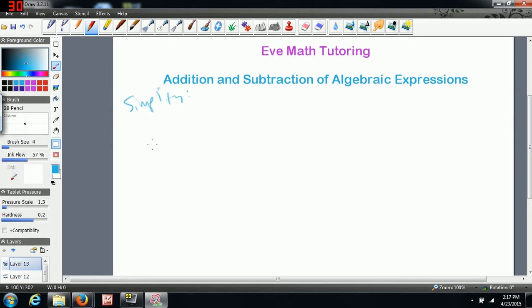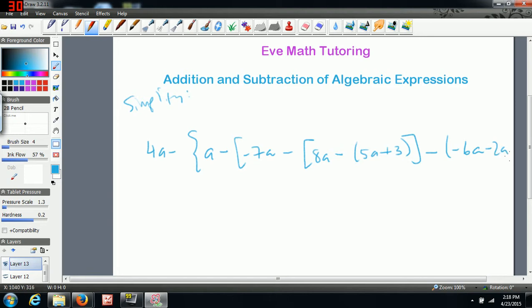Simplify 4a minus negative 7a minus 8a minus 5a plus 3, close bracket, minus negative 6a minus 2a minus 9, and then we're going to close those brackets.